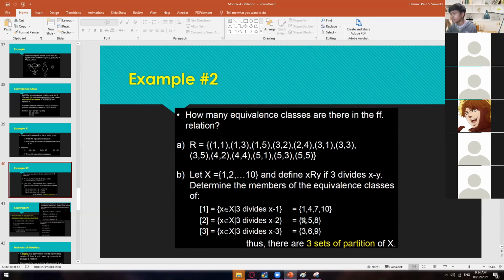So this is one class, another class, and then another class. Right? So are we clear so far regarding these equivalence classes? Yes, sir.